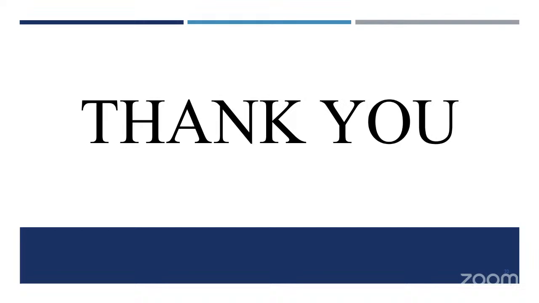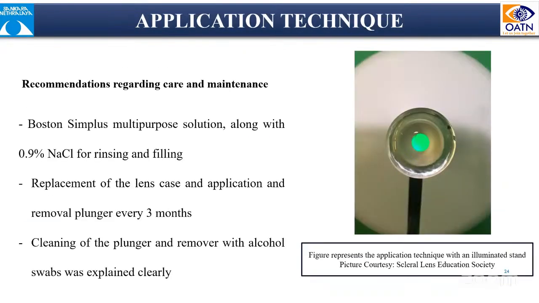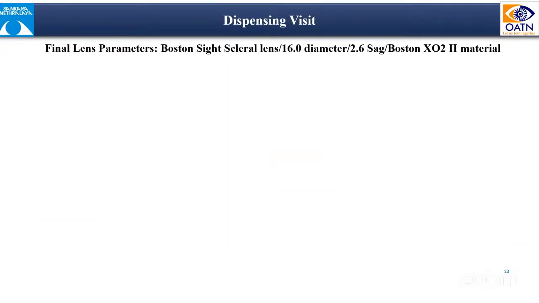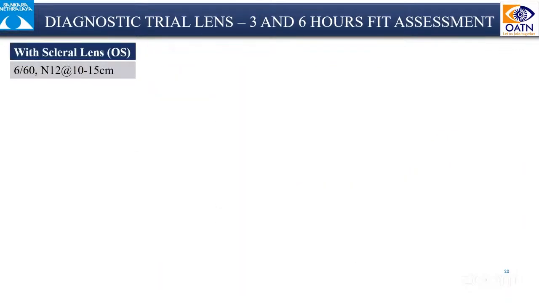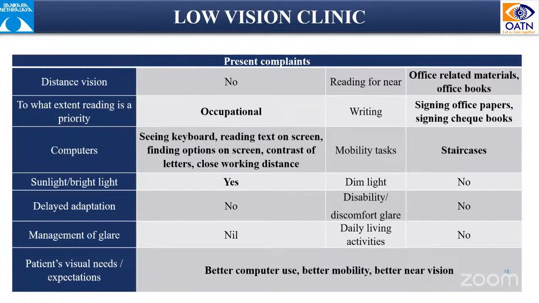Ma'am, as I presented, the other eye's distance vision was fine. We have not managed anything as such for distance in the low vision clinic. The main complaint for her was near vision. She was not able to do the signing in the cheque or see the computer monitor screen properly.